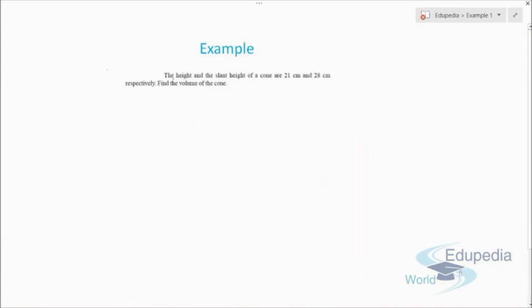Now let's discuss example number 1. The example says that the height and the slant height of a cone are 21 centimeter and 28 centimeter respectively. You need to find the volume of the cone, right? So first of all, we need to draw a cone. Let's say we have a cone like this, right?